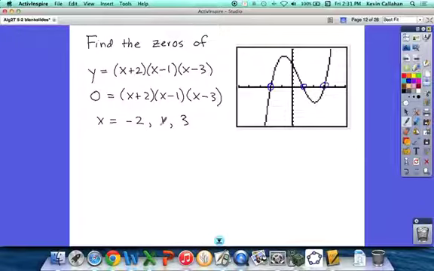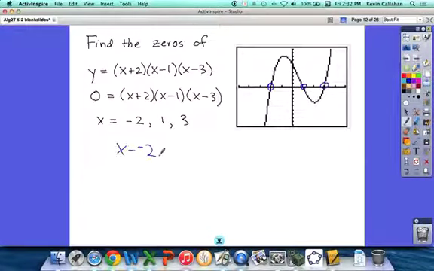If 1 is the 0, the linear factor is x minus 1. If 3 is the 0, then the linear factor is x minus 3. In general, if you have a 0, then x minus the 0 is the linear factor. Okay, well, how does that work for a 0 of -2? Yeah, I mean, x plus 2 is x minus -2.